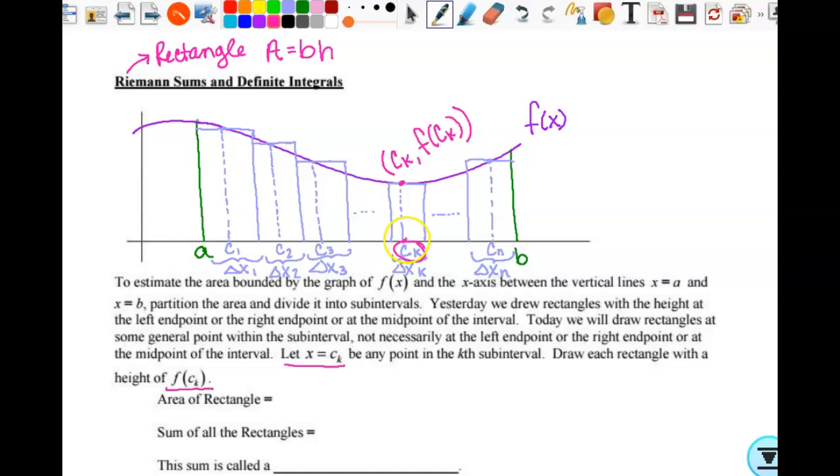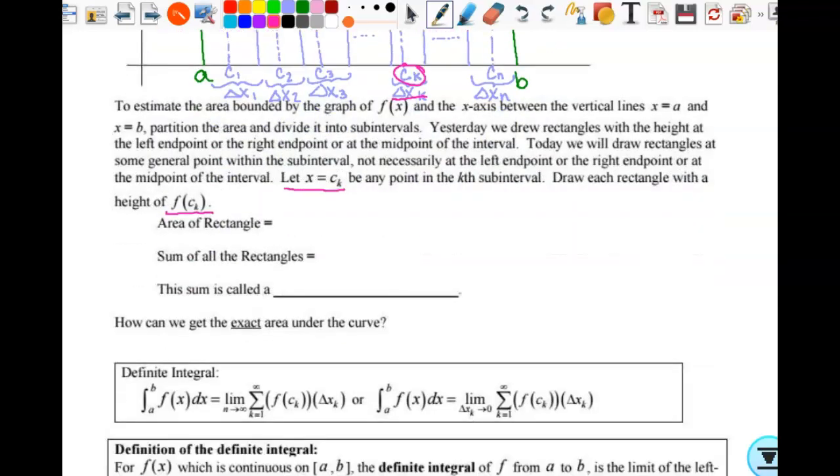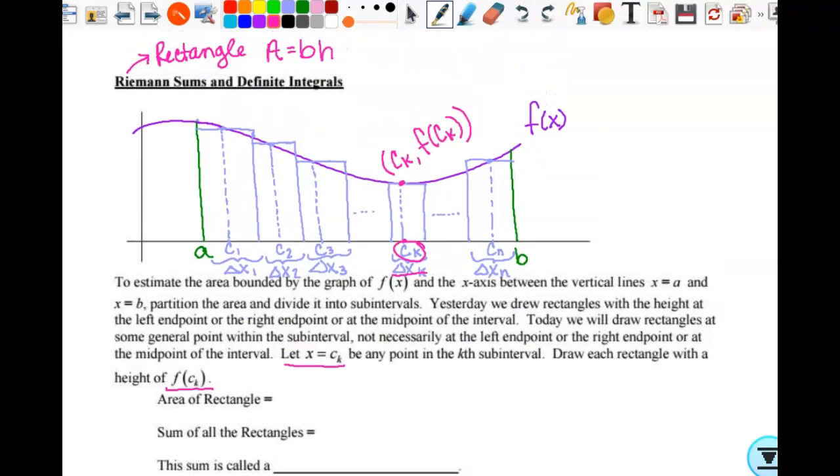All right, so we have this x, this is our x value, this is our y value. Does that make sense? Because you'll see this notation. All that means is this is our x value, y value. The y value is what gives us the height, right? The delta x is what gives us the base, right? So the area of our rectangle, even though we write base times height, and because we usually put dx at the end, we're actually going to write this area more as height times base, but that's the same thing.